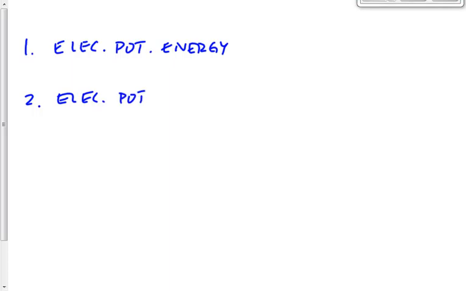Over the last couple of days, we've learned about 4 new terms. The first term that we talked about a couple of days ago was electric potential energy. And then, of course, after we looked at electric potential energy 2 days ago, we defined electric potential energy difference.